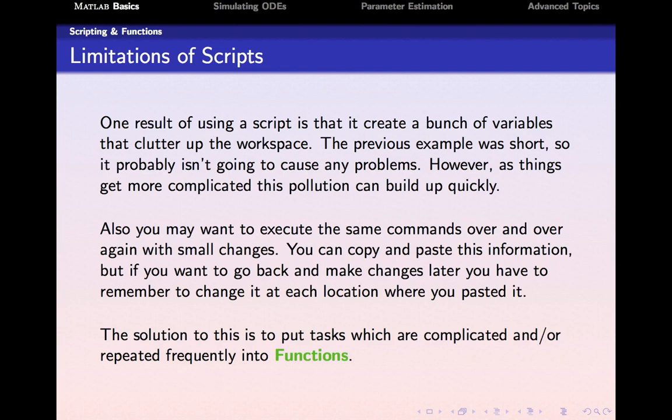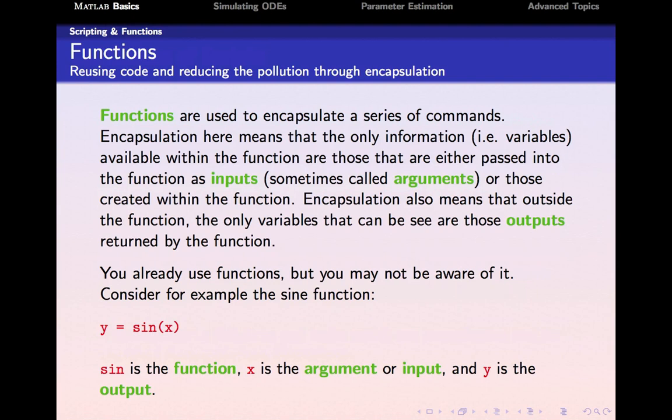Now, functions are things that you're actually familiar with. If you've used adapt at all, you know that when you edit the Fortran file within adapt, it has different subroutines. A function or a subroutine, these are all effectively the same. Functions are a way to encapsulate a series of commands. And when you have a function, the only thing that function sees from the outside are the things given as the inputs.